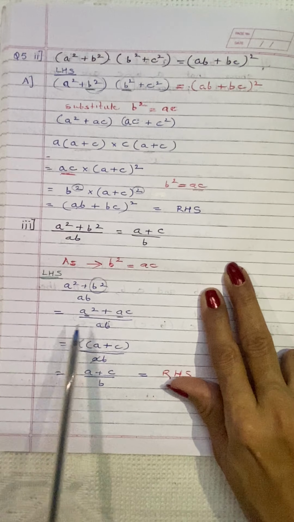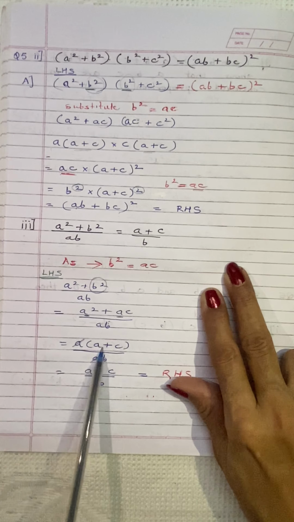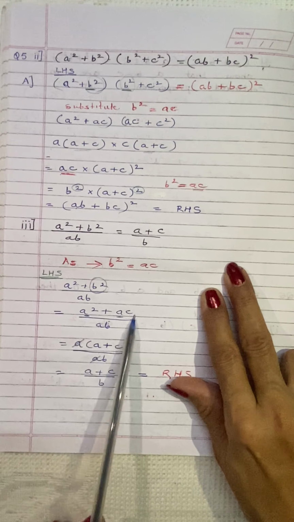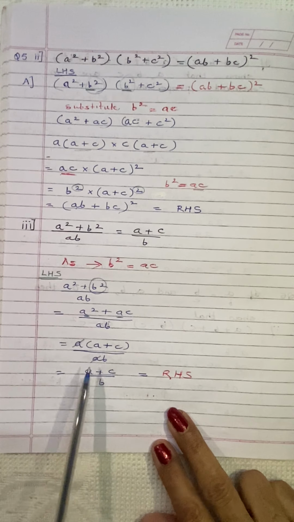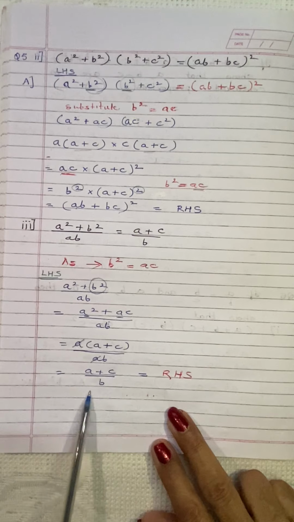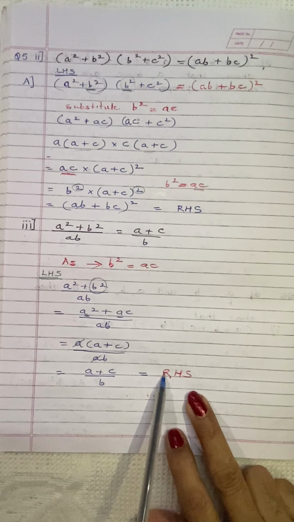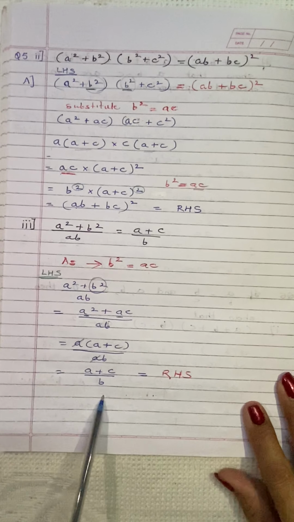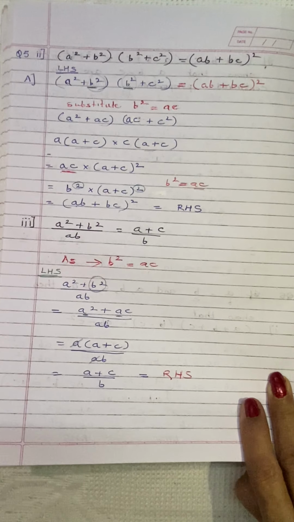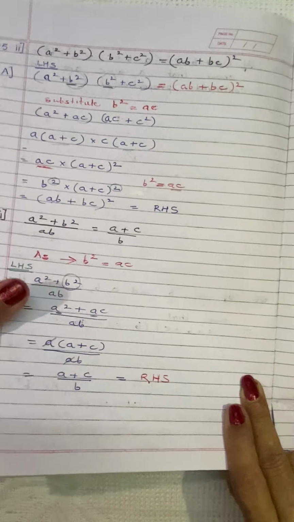Now again we will take common factor A into bracket (A + C), leftover terms inside the bracket, upon AB. Now from this A gets cancelled. What is left is (A + C)/B. Hence it is equal to the right hand side. So the answer is equal to the right hand side (A + C)/B. So left hand side is equal to right hand side.